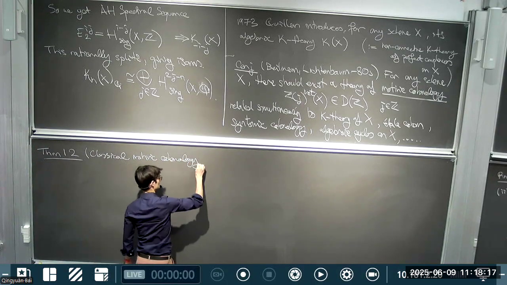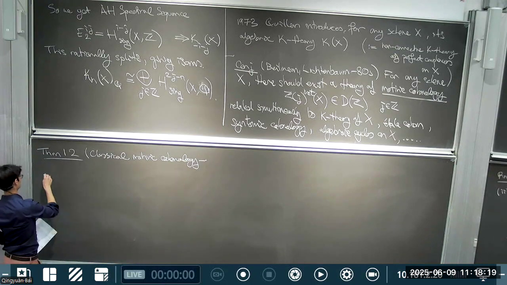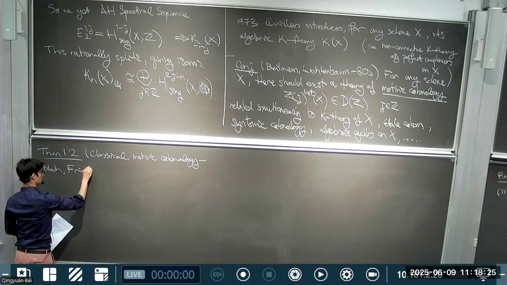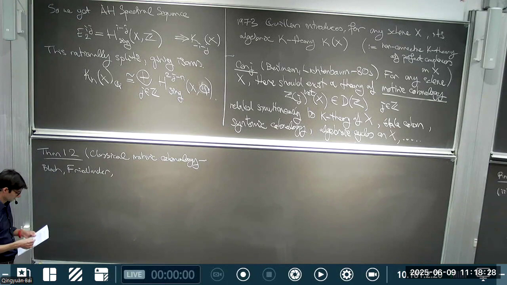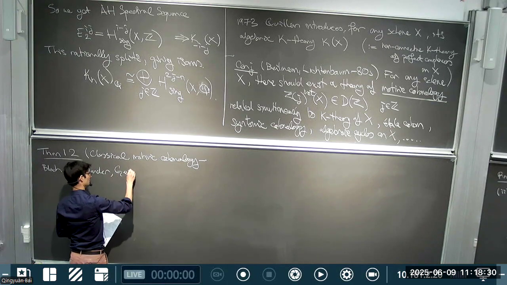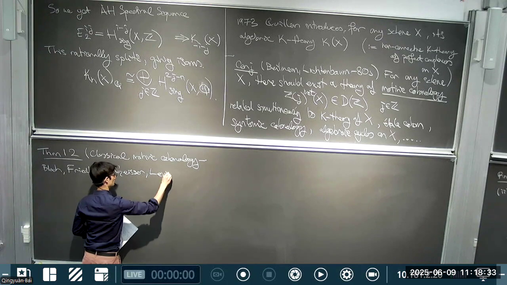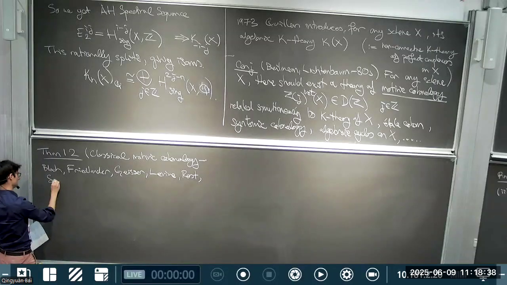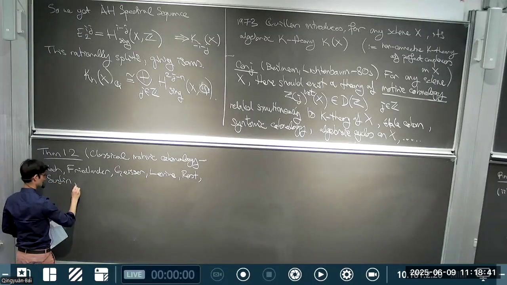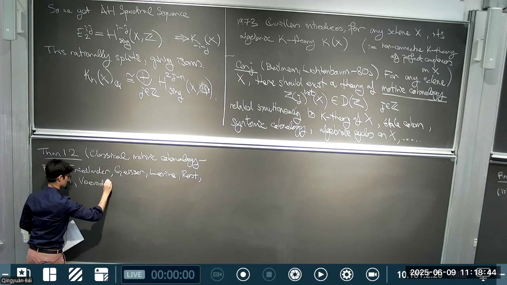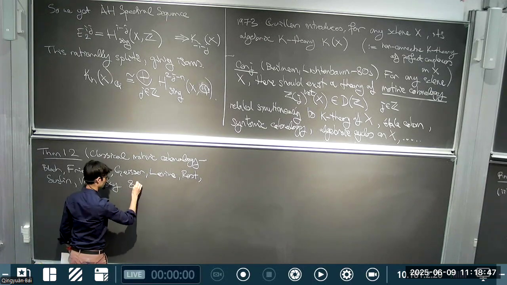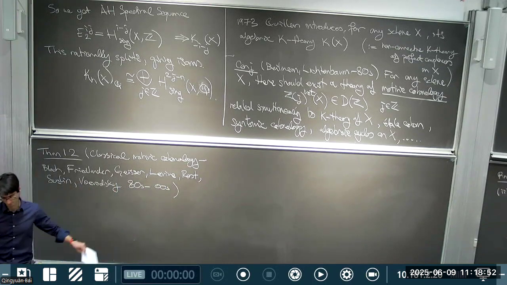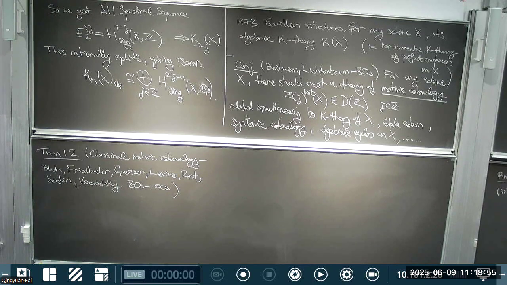This is the story of classical motivic cohomology due to many people, in particular Bloch, Friedlander, Geisser, Levine, Ross, Suslin, and last but not least, Voevodsky, spanning work from the 80s to the 2000s.